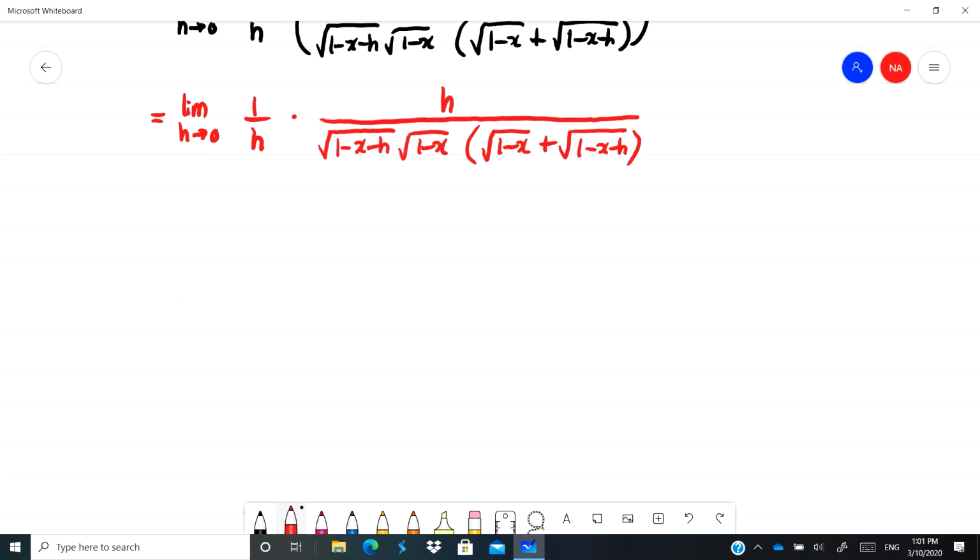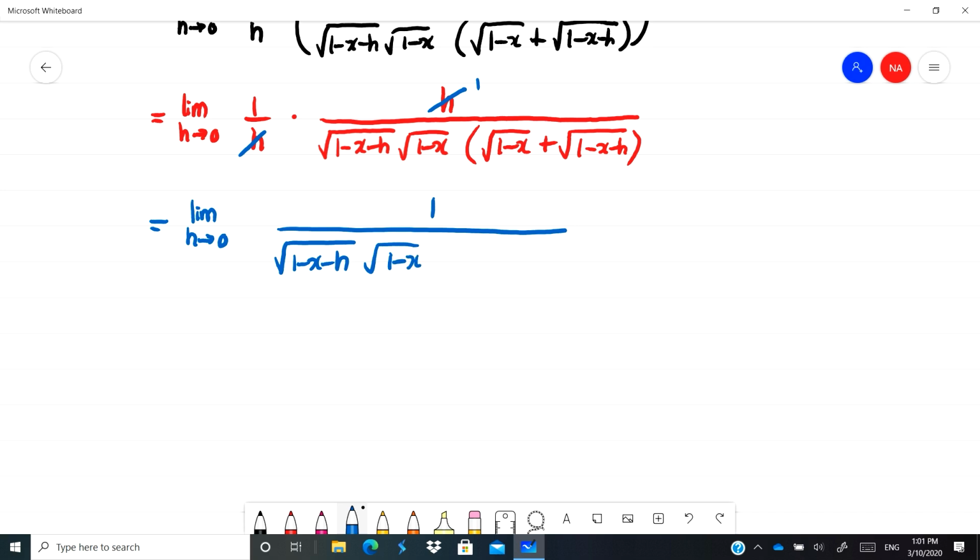Now we are cancelling this h here because they are the same term at the numerator and the denominator. So we are left with limit as h approaching 0. When we cancel this, we get 1 over square root of 1 minus x minus h, square root of 1 minus x, and I will have this part in the bracket. Please don't forget the bracket. So 1 minus x minus h.